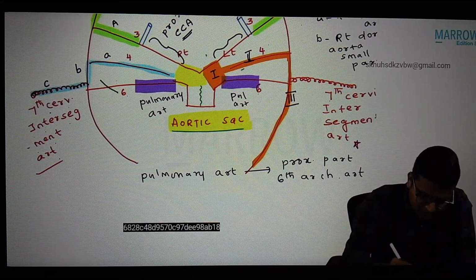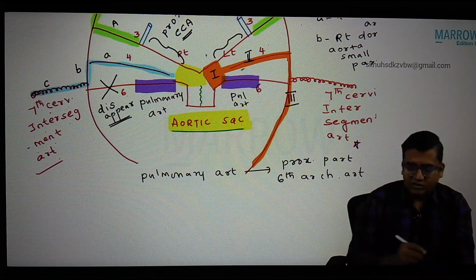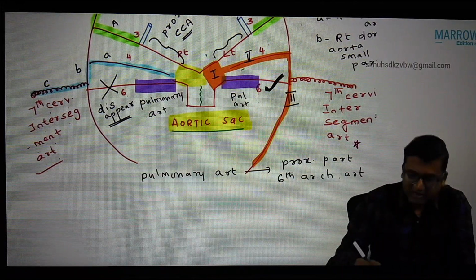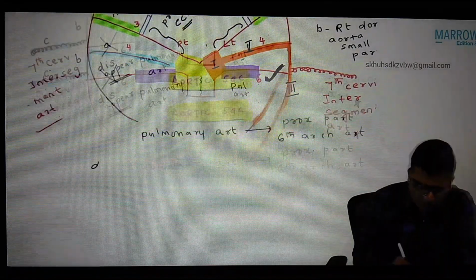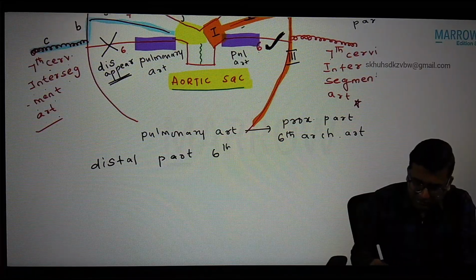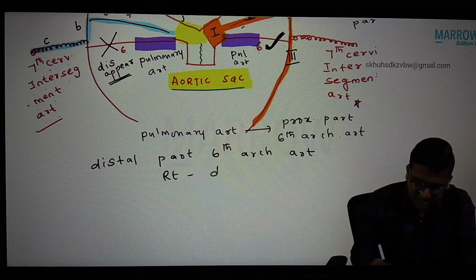This part, the distal part of the right sixth arch artery, will disappear. Whereas this part, the distal part of the left sixth arch artery, the one which I am giving tick mark, that will persist. Okay, so please write. The distal part of the sixth arch artery on the right side will disappear.